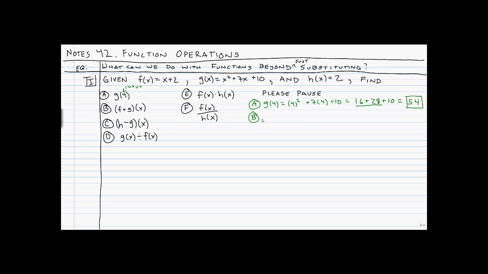Okay, second one, B, f plus g of x. We're just going to add the two of them, so it'll look like x plus 2 plus x squared plus 7x plus 10. I should probably be a little more careful and put them in parentheses. Either way, combining like terms, for squareds we've just got x squared. For x's, we've got 1x plus 7x, which is plus 8x.